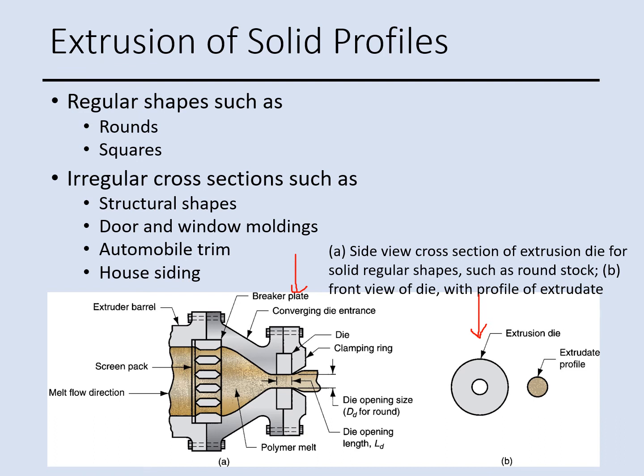And at the end of the screw, which is here, we have a screen pack and breaker plate. This part of the die, the machine. The main reason to have the screen pack and breaker plate is to straighten the flow lines, and the polymer melt flows into the converging die entrance, this part.